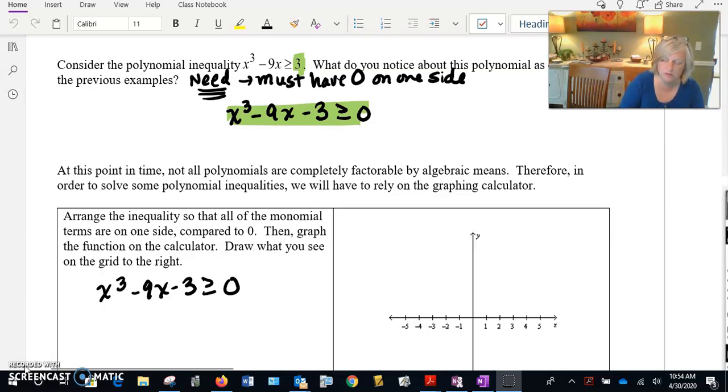We're basically going to focus on this part right here. We're going to put that in y1, and we're going to graph that. So pause the video, go ahead and put that into your calculator and graph it, and then come back and we'll talk about it.